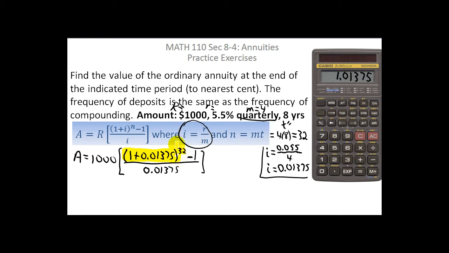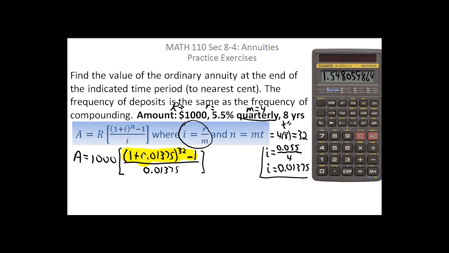The base is already in the calculator, so all I need to do is hit the exponentiation button, x to the y, then put in the exponent, which is 32, and click equal. I get 1.48059864.